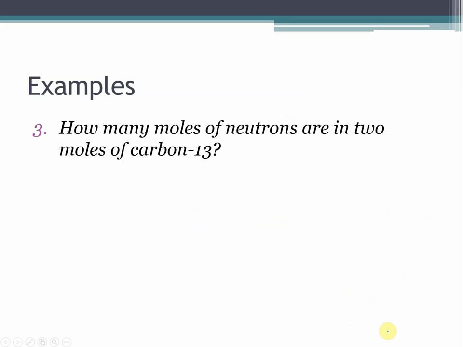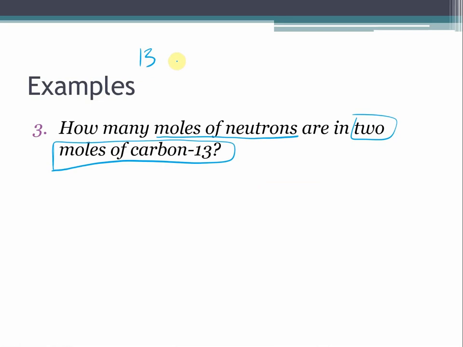Number 3 is going to use the same skills, but it's going to be just a little bit more involved. Number 3 says, how many moles of neutrons are in 2 moles of carbon-13? Well, our first step here is to find out how many neutrons are in 1 atom of carbon-13. To do that, we'll take our mass number, 13, and subtract away our 6 protons.